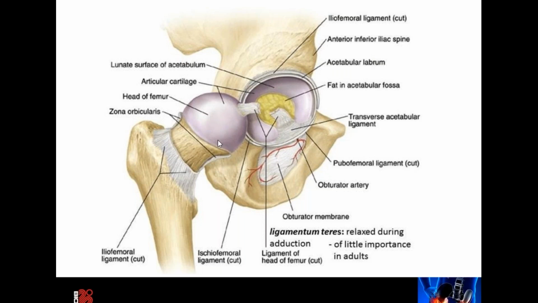The ball of the femur rests in the acetabulum of the hip, and you can see there's ligaments that attach the ball directly into that socket. There's a labrum, which is a cartilage that forms a lip and helps that ball be more stable in the actual socket.